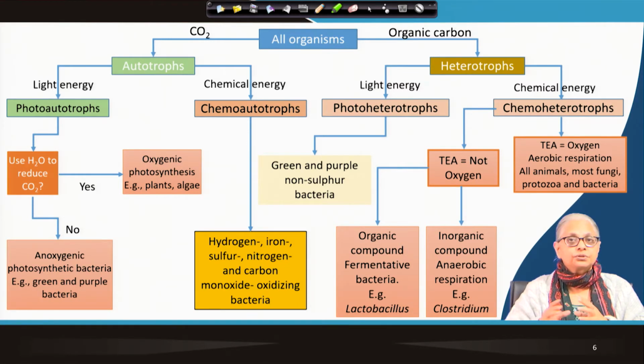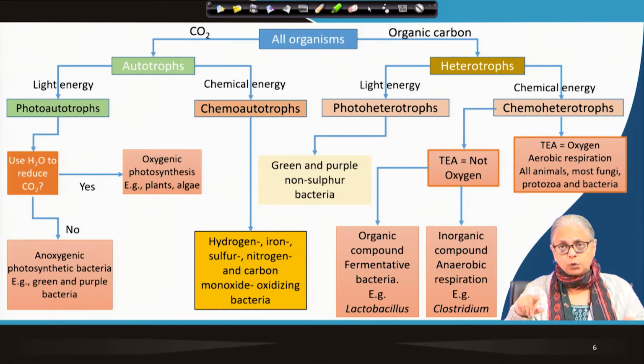Now, if the answer to this question is no, then we have another group of bacteria that are capable of reducing not H2O but H2S. They will utilize hydrogen sulfide and convert it to elemental sulfur and so on, and in the process CO2 will be converted to biomass.